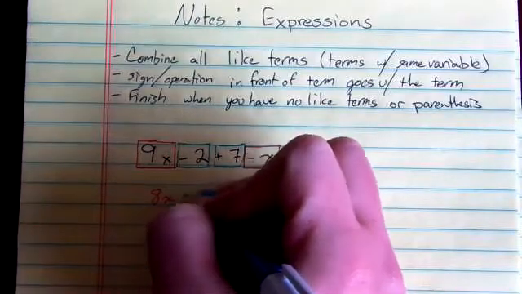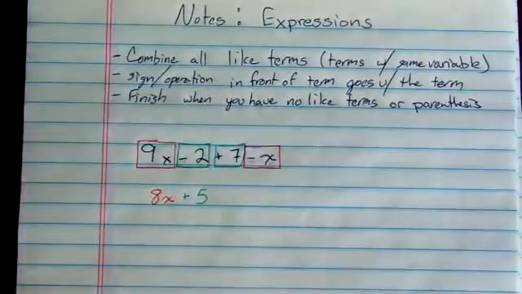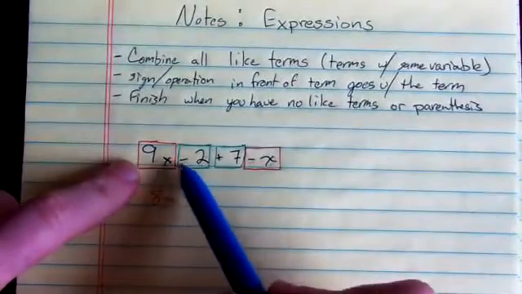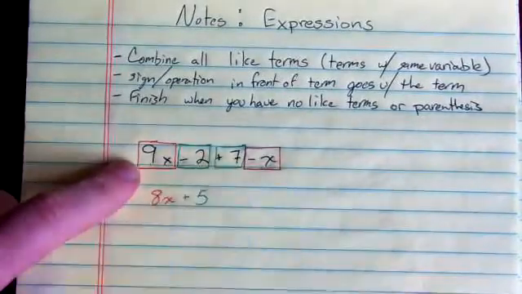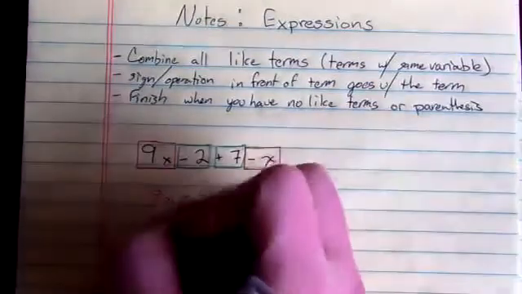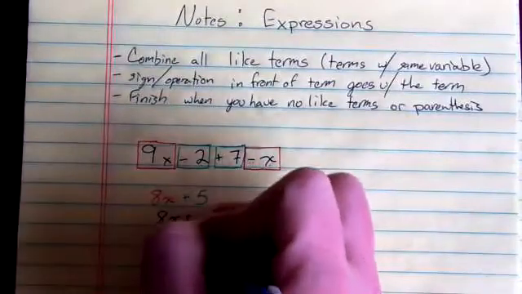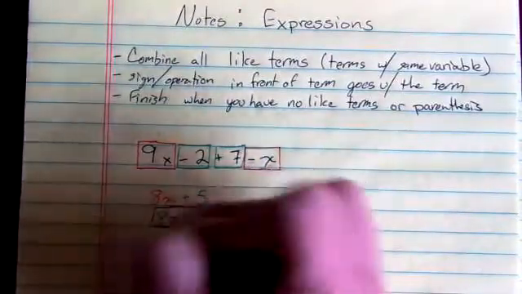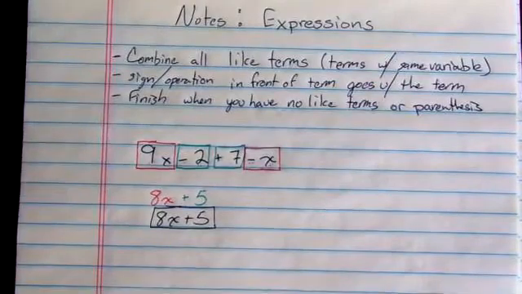So we would do plus 5. So if I started with 9x minus 2 plus 7 minus x, and I asked you to simplify this expression, our final answer would be 8x plus 5. That's it. You're just combining like terms. You're taking things that are the same, and you're combining them together.